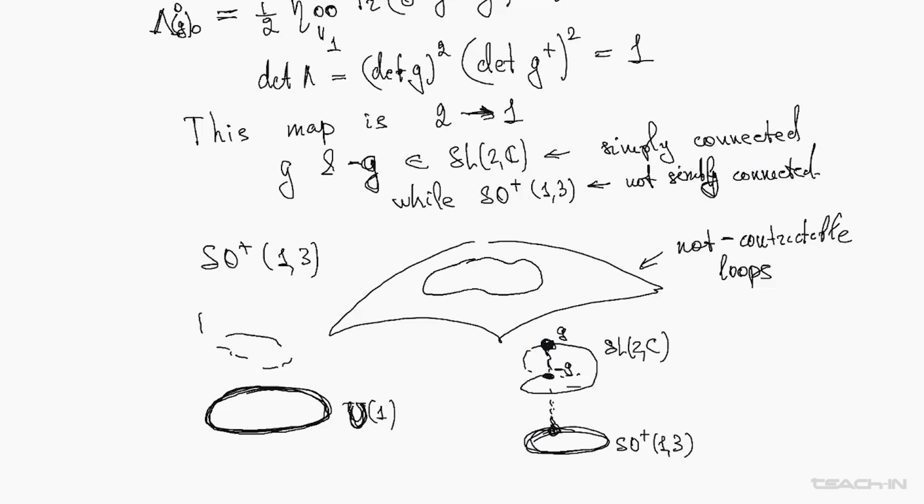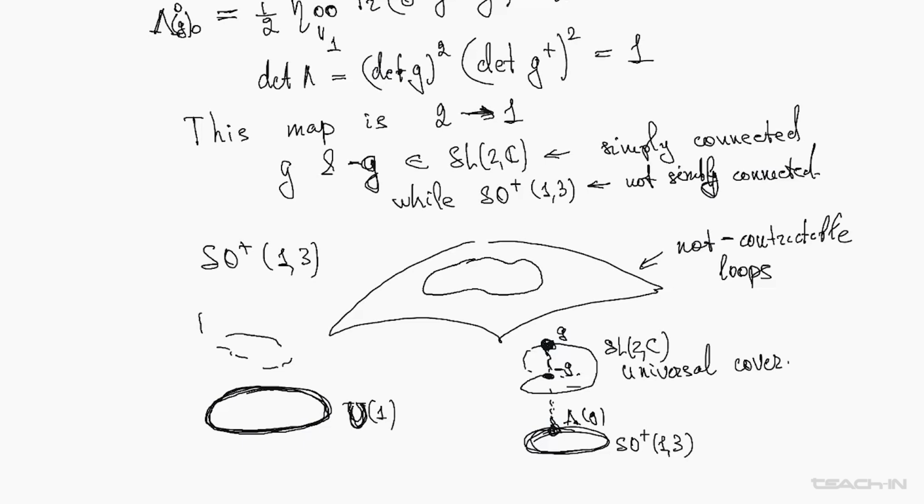And then SL(2,C) is simply connected. Any simply connected manifold which covers a non-simply connected manifold is called a universal cover. Universal means that it's simply connected. So SL(2,C) is a universal cover of SO+(1,3).